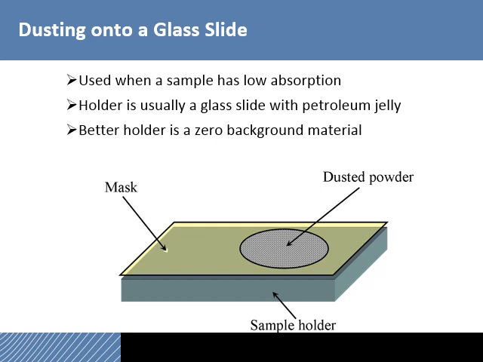I think I brought in a better holder, which is actually a zero background material. If you use a glass slide, you are going to get an amorphous hump in your X-ray diffraction pattern from the glass. It'll characteristically be at about 22.5 degrees. So you'll get that broad amorphous hump, which again, I think we talked about in class. A better holder is a zero background material. The most common zero background material is a single crystal silicon plate.